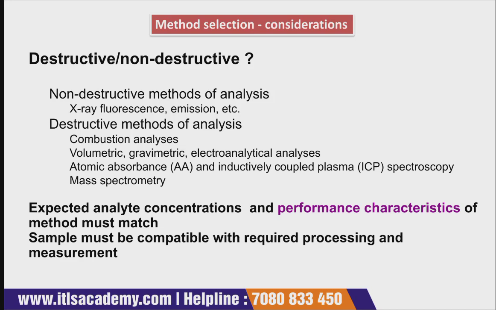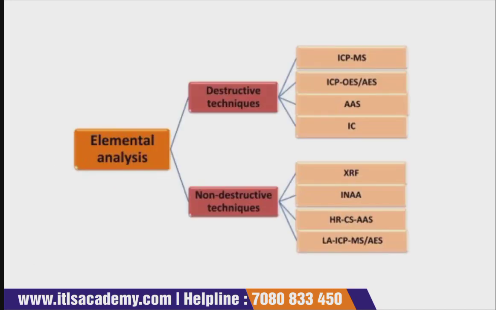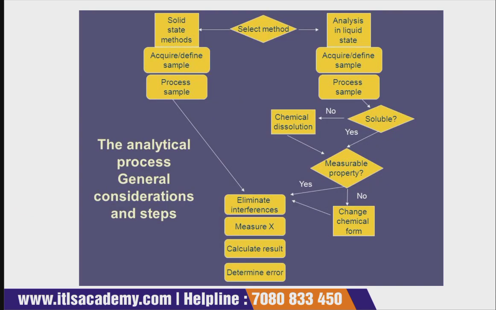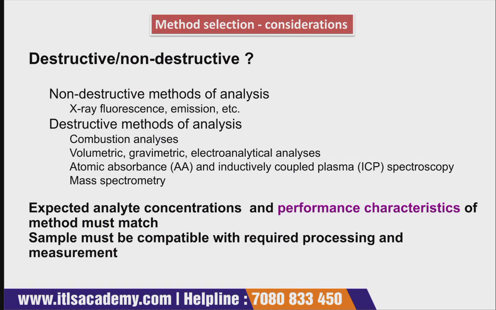You can take a screenshot of the methods that are under the destructive and those under the non-destructive. Under the destructive we have discussed atomic absorption, volumetric, combustion analysis. Okay, so the analyte consideration and performance characteristics of the method must be watched.